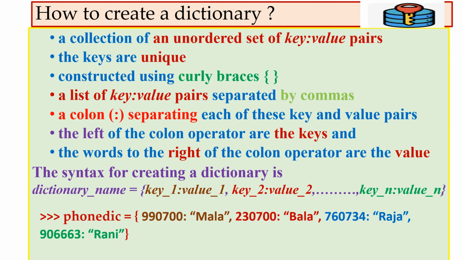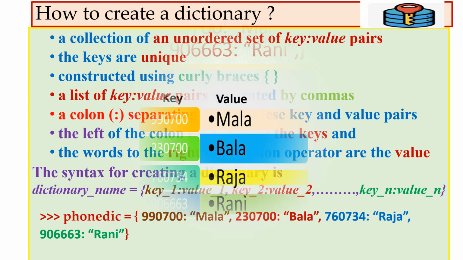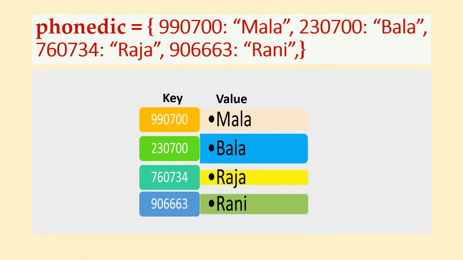Likewise we can enclose all the set of items within the curly braces. We can have n number of key value pairs included. So this is a sample that we have taken up with the key value pairs, and you can view it as if it were a table.